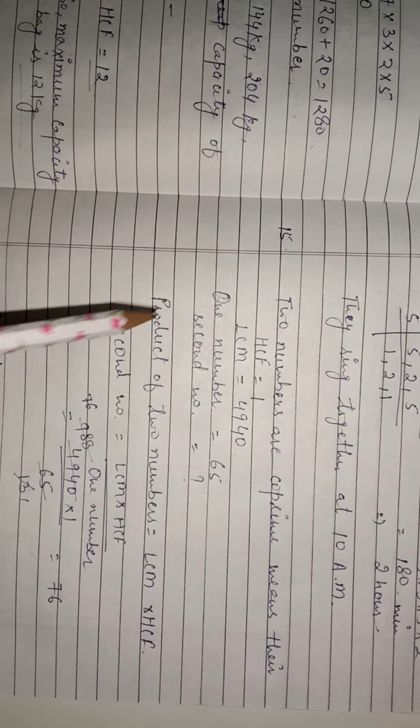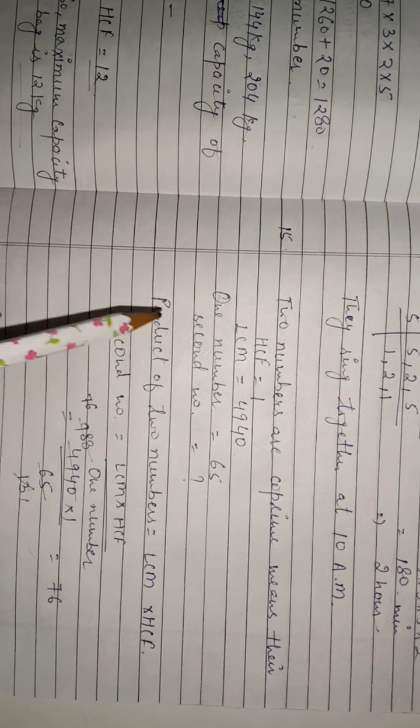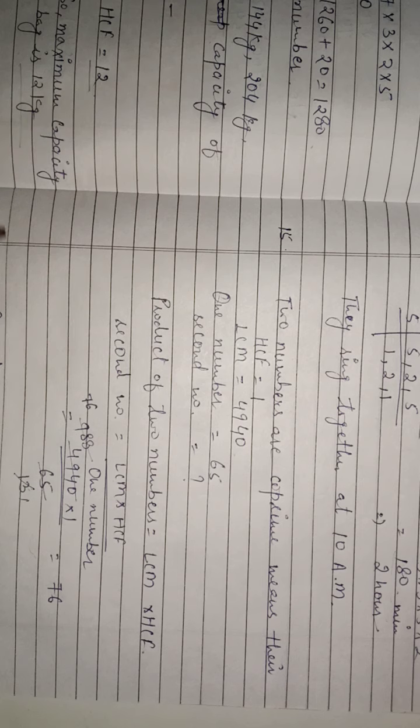And next and the last question, we have 2 numbers, and these 2 numbers are co-prime. So we can say that these co-prime numbers have HCF 1 and their LCM is 4940, and one number is 65. So we know the formula, product of 2 numbers equals LCM into HCF, or we can say that the second number equals LCM into HCF upon the first number, that is 4940 into 1 upon 65.